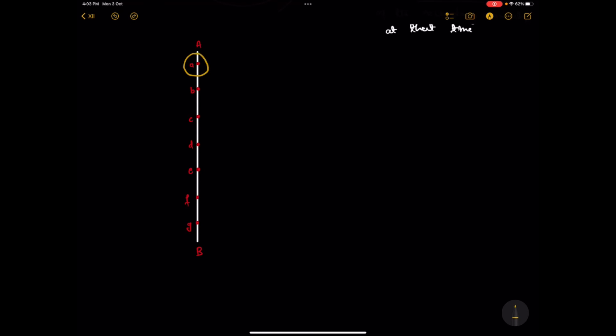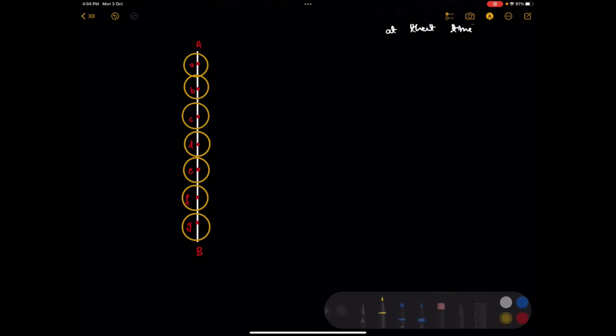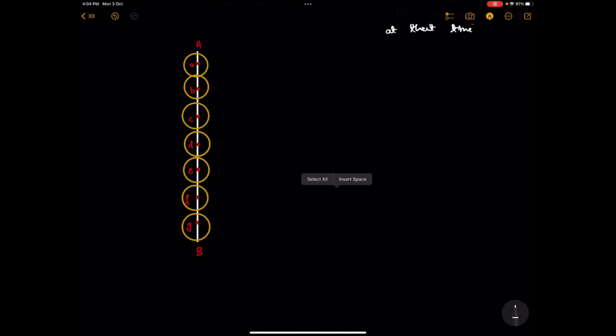This is the wavelet which comes out from the source A. This is the second wavelet. Now, these wavelets are moving outwards with the speed of c.